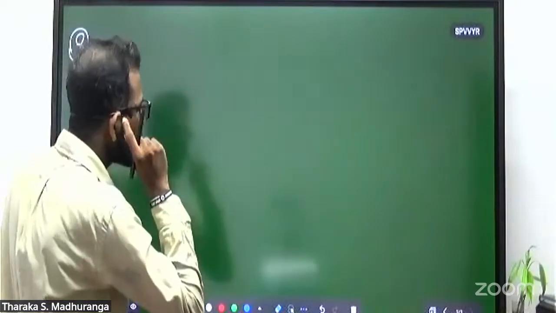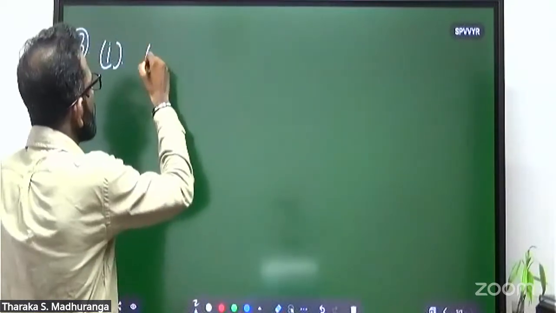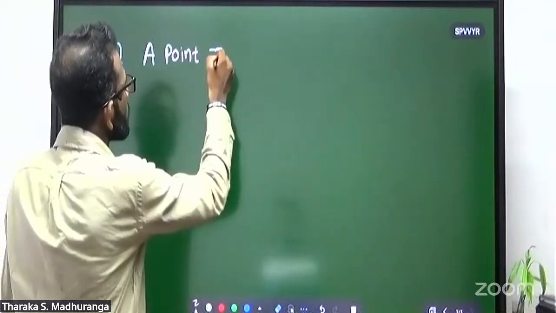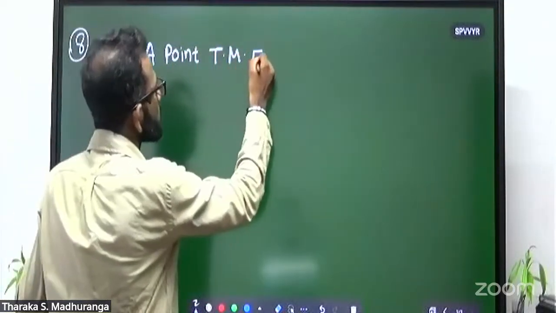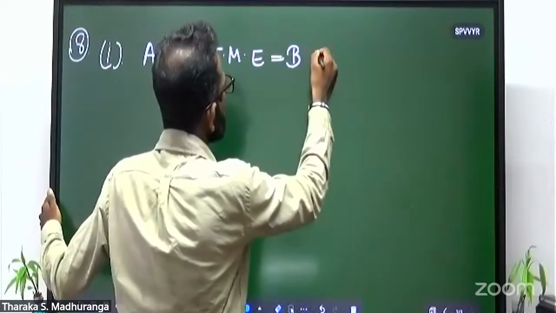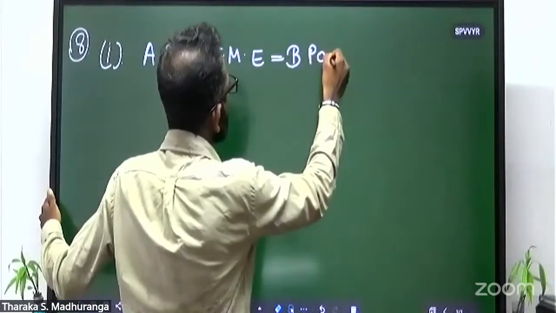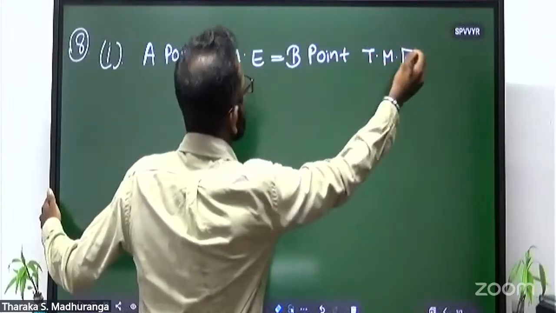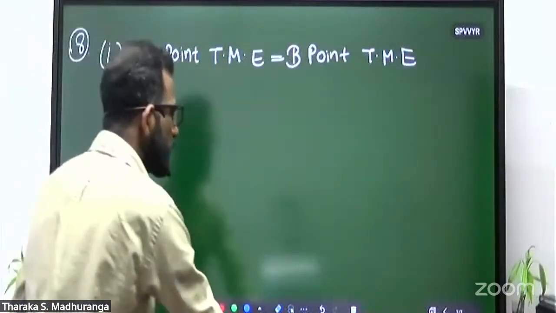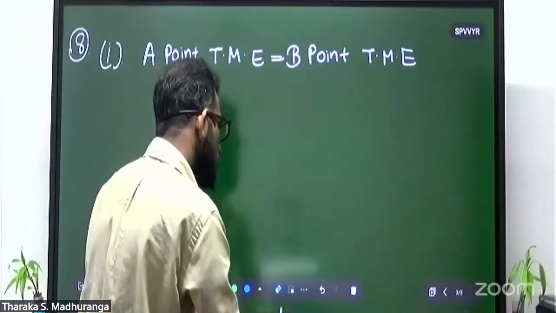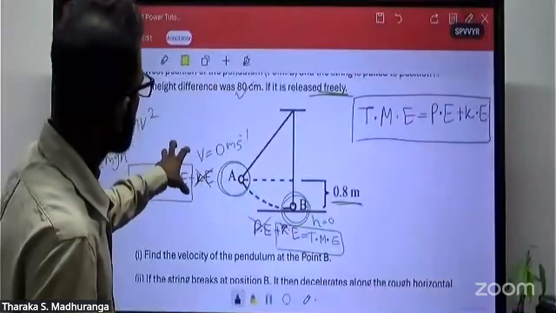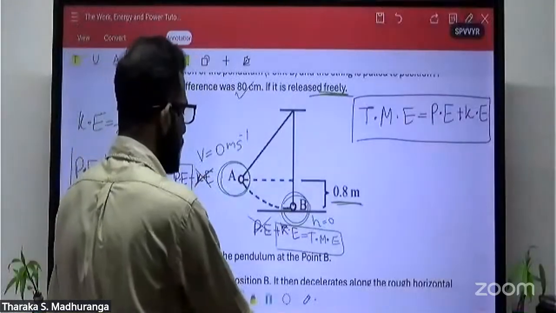According to the mechanical energy conservation law, the A point total mechanical energy is equal to the B point total mechanical energy. The A point total mechanical energy is fully equal to the potential energy of the pendulum.